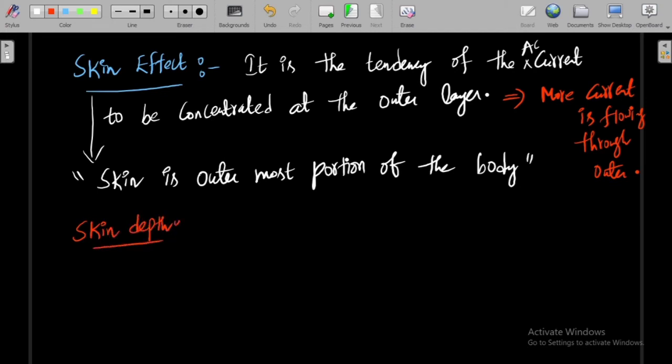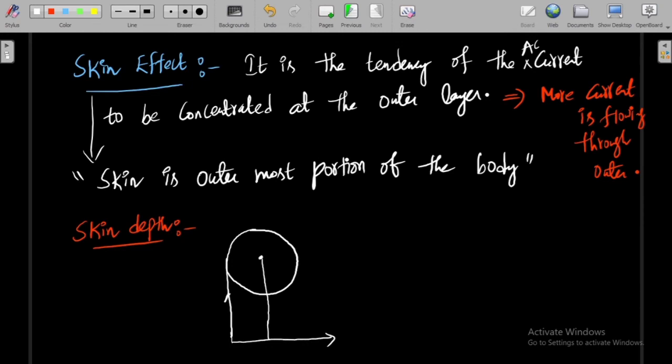Now I want to introduce another term related to skin effect, which is called skin depth. Let us understand this skin depth with the help of a diagram. For example, when you have a conducting portion like this, I am drawing the graph from the center to this outer portion.